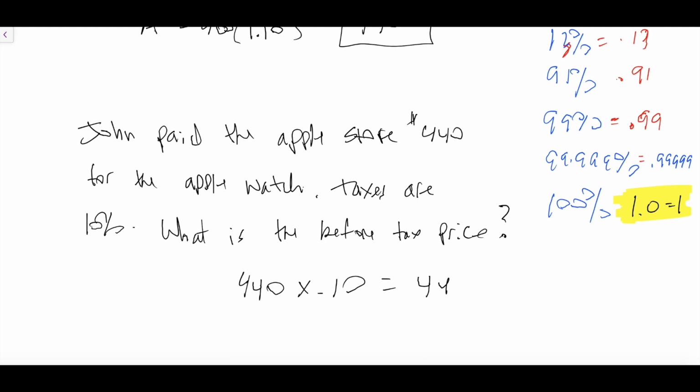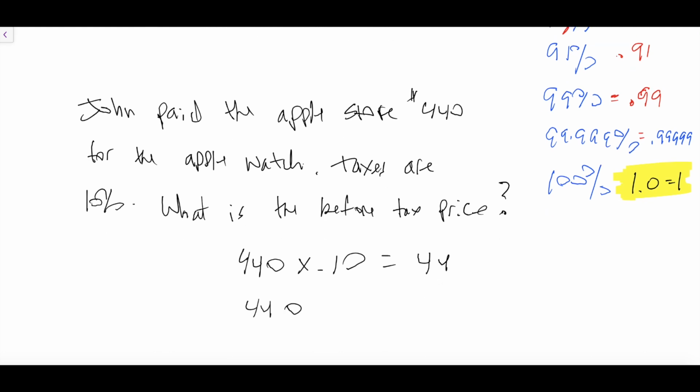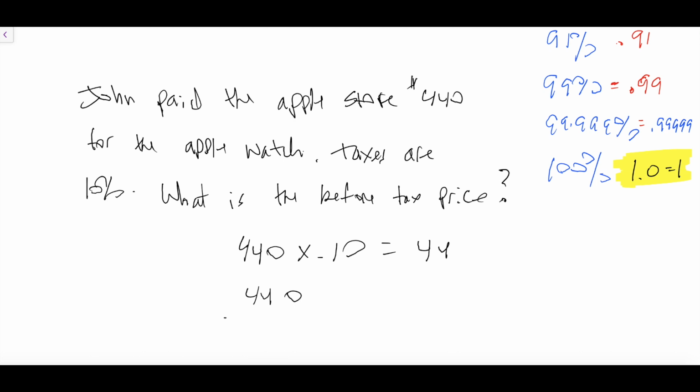So you say, all right, no problem, I'm going to go 440 minus 44 and, aha, I'm going to Stanford, because the original price is 396. Take that, College Board. Which will be option C on the test, by the way. And wrong.